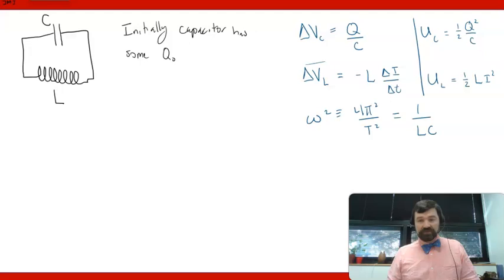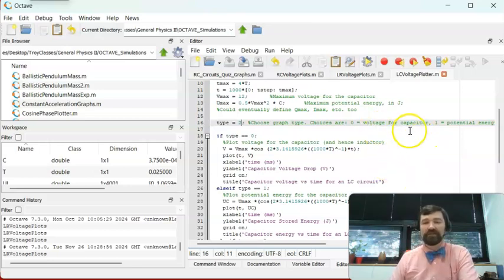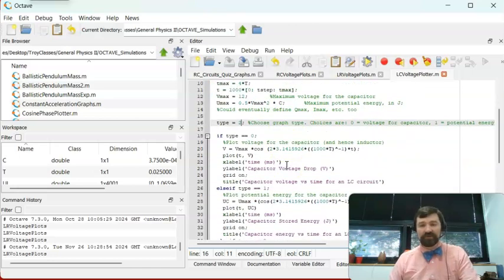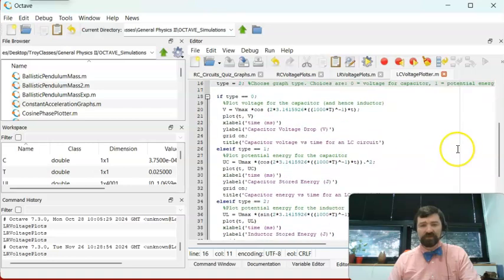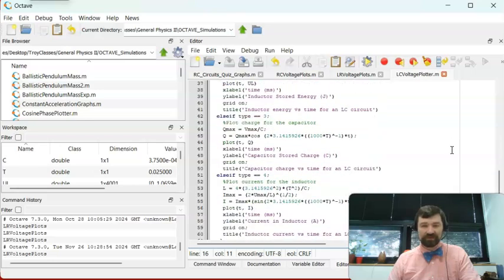So with these preliminaries aside, let's go to the simulation, which is of course in Octave. This basically is the simple code that I've written up for this simulation. You can sort of write it down off of this video if you want, and write this yourself if you'd like.